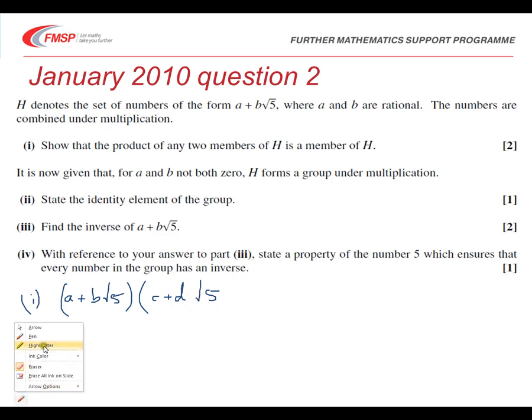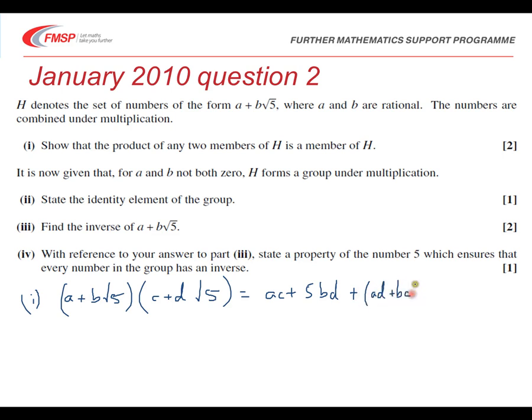So the product of those two expressions is going to be ac and also another rational number, which is 5 times bd, just by multiplying my two root 5s together. I'm then going to have two terms in root 5. I've got ad root 5 and bc root 5. So I've got (ad plus bc) root 5.